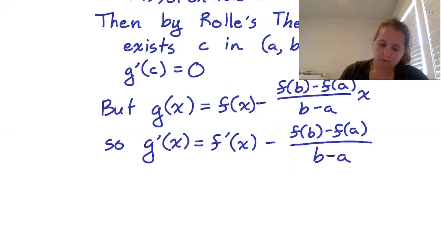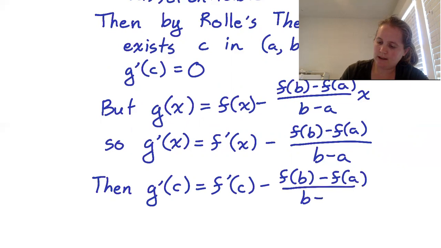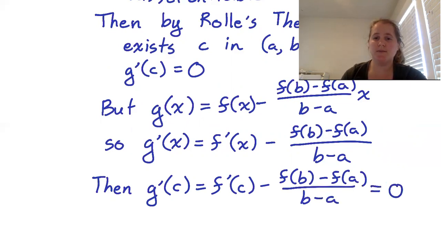And so we have that g prime of c equals f prime of c minus f of b minus f of a all over b minus a. And this must equal 0 since g prime of c equals 0.